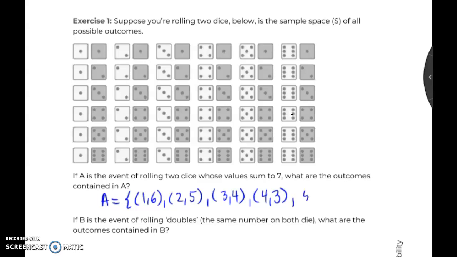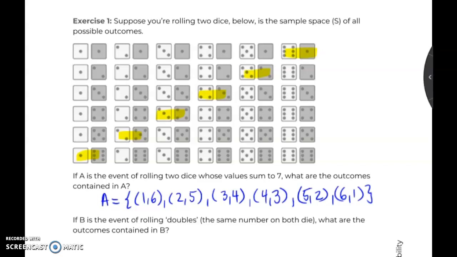And we'll continue on with 5-2, and the last one is 6-1. So these would be all 6 outcomes we could get, and we could also highlight them in our sample space. So we have 1-6, 2-5, 3-4, 4-3, 5-2, so we can see that diagonal over here.